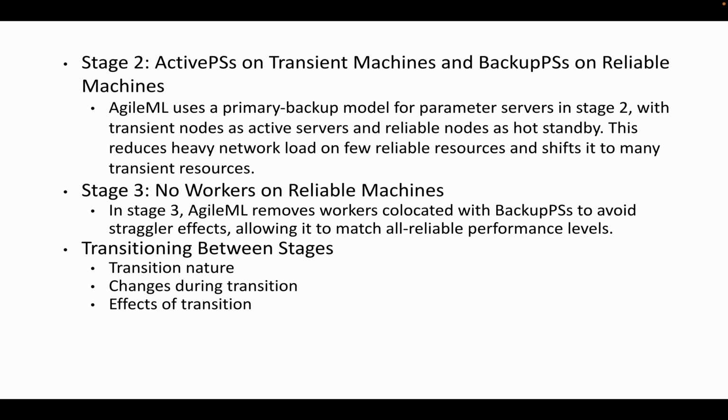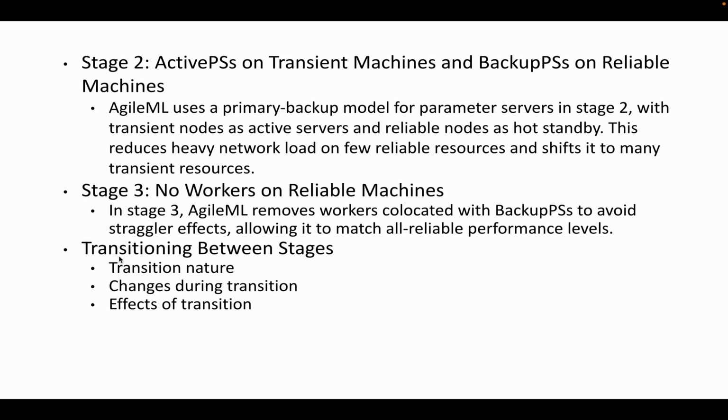To avoid this, we move the slow workers away from the backup PSs, and all the workers are at the spot instances. This way we can remove the straggler effect.